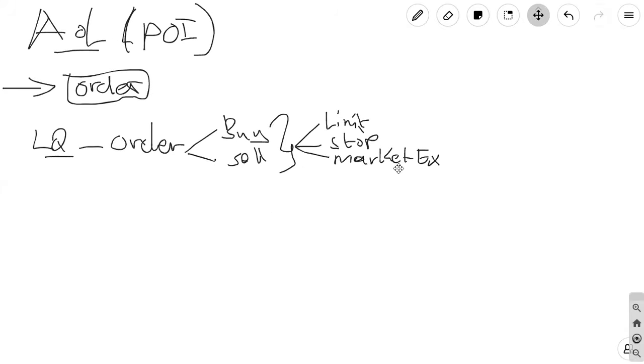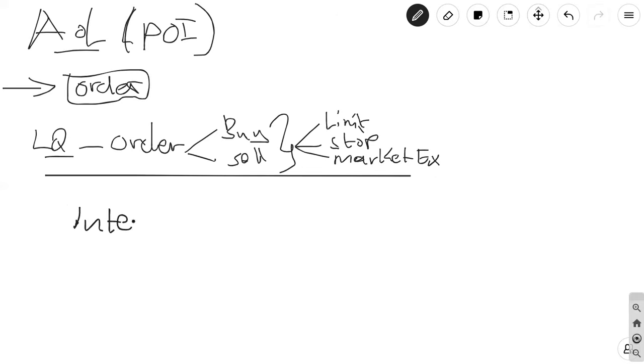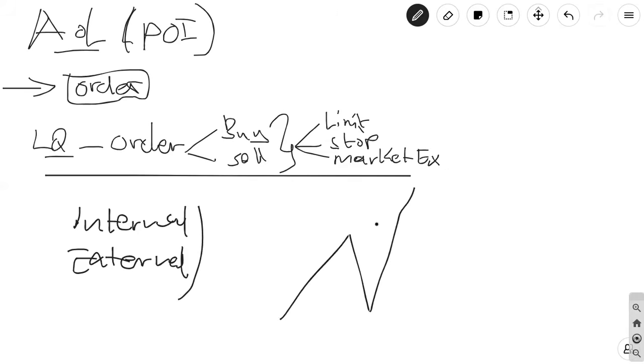When we talk about liquidity in market structure, we have internal and external liquidities.